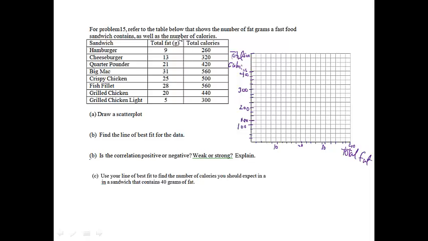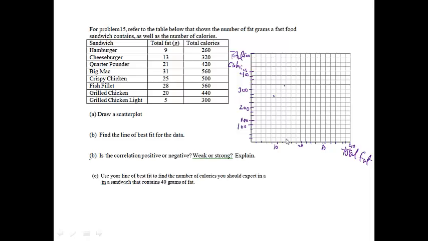Okay, so we've got 9 fat grams with 260 calories, so 9 fat grams goes up to 260. And then we've got 13 and 320. About right there.